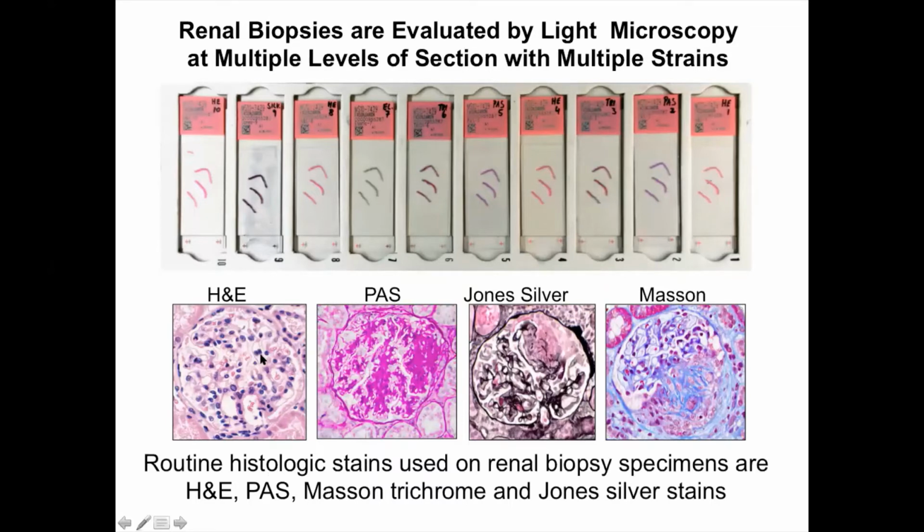H&E it's important على أساس إن إحنا نشوف inflammation in the tubular interstitial compartment and it will give us an overall feel. لكن if we really want to judge on mesangial hypercellularity, the capillary hypercellularity, إحنا بنحتاج PAS and the Masson trichrome. John silver stain, it will help us in identifying things like spikes in cases of membranous.